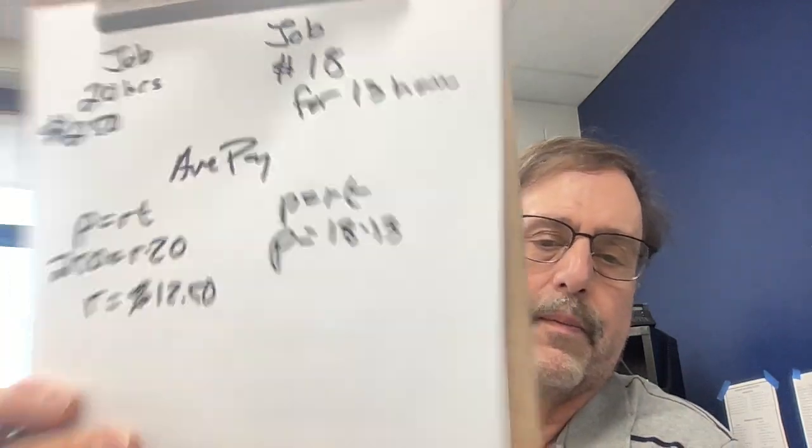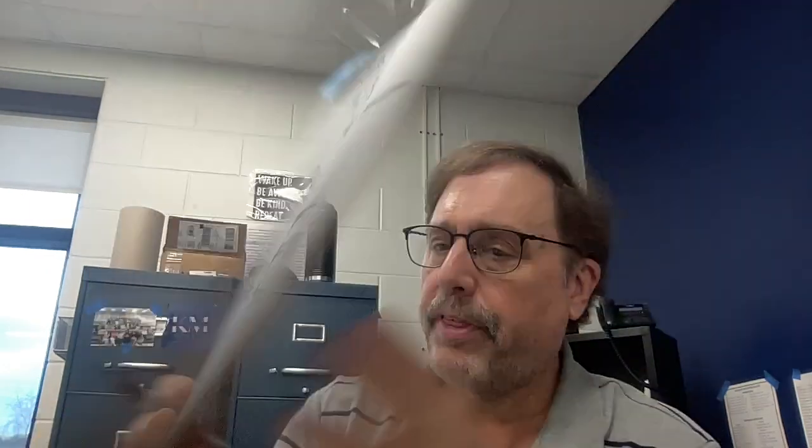Your other one, we don't know your pay. It was rate of 18 times 13. You got paid 18 times 13, $234. All right, now we know stuff about both of them.